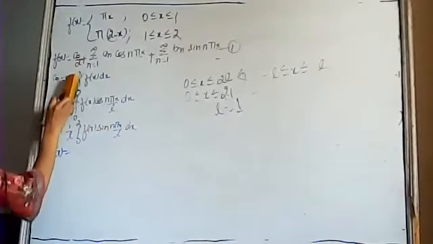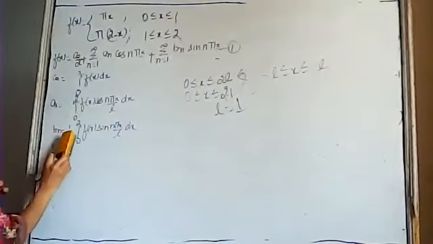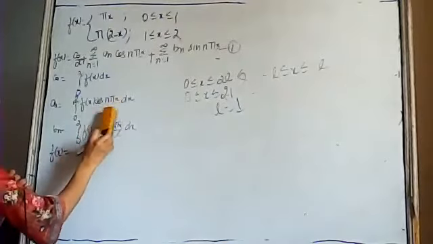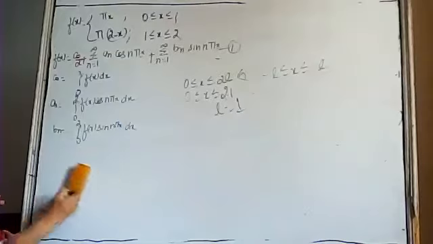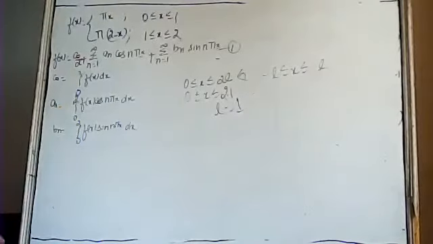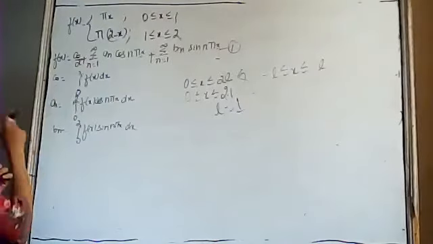Again, L is 1 only. It will be 1 everywhere. I have substituted all the values in these terms only. After that, we have to find the values of a0, an and bn.